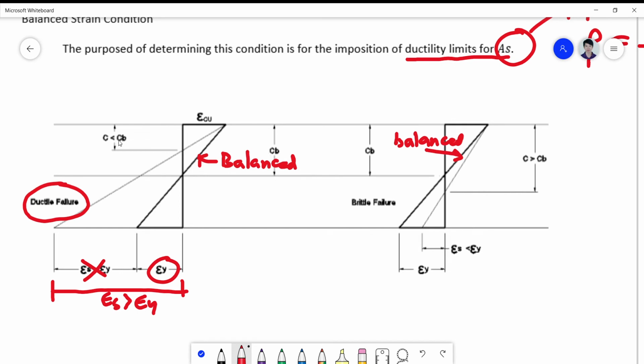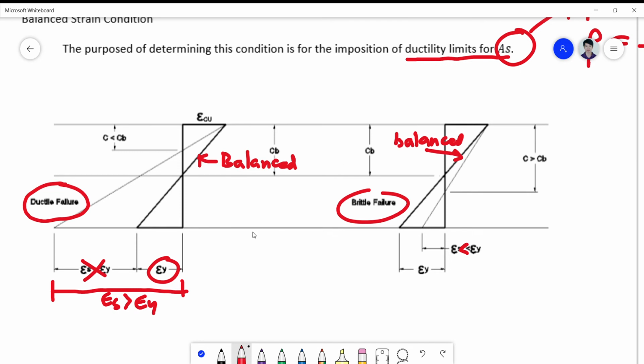If we do that, normally you will see that your c will be less than c balance. And vice versa, if your neutral axis on the balance condition is made in such a way that your epsilon s is less than epsilon y, then you have a brittle behavior, which states that your c, the location of the neutral axis, is greater than the location of c at the balance condition.